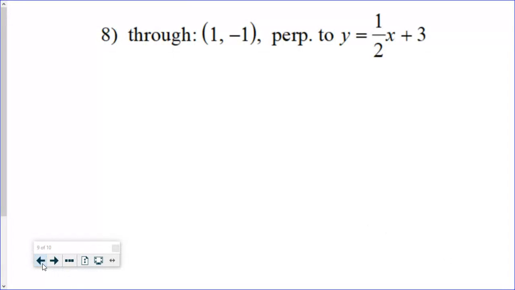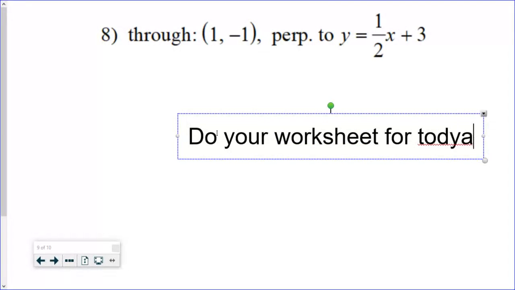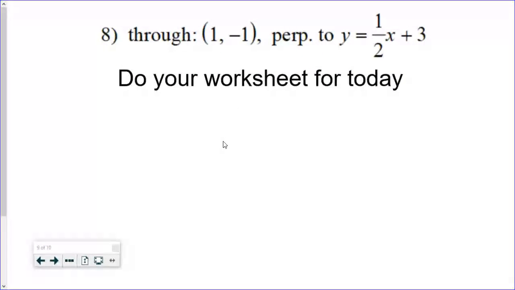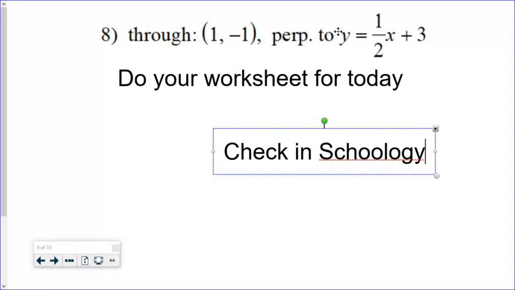Oops, sorry. If not, sorry, I didn't put this down. So you are going to do your worksheet for today. Then we're going to check it first. And that's in Schoology. I think we're good.